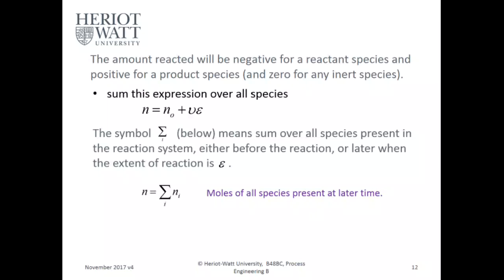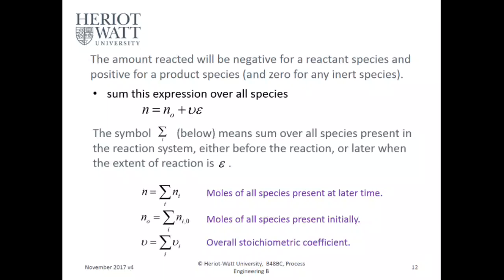So N equals the sigma of Ni, the summation of all the species, and N0 is the sum of Ni0, moles of species present initially. So the number of moles initially, and the number of moles after reaction. And V equals the sigma of Vi, the overall stoichiometric coefficient. So Vi, Vj, Vk, the sum of.